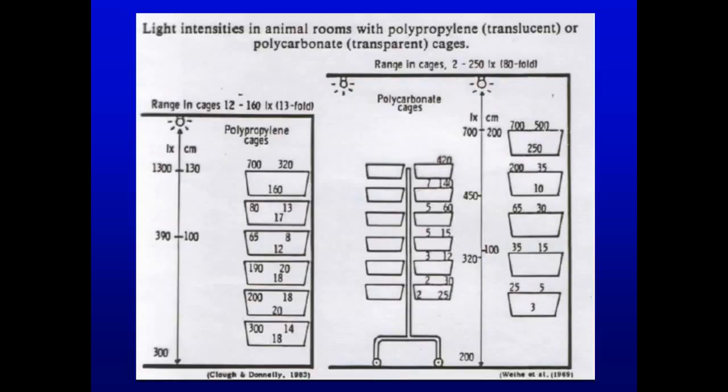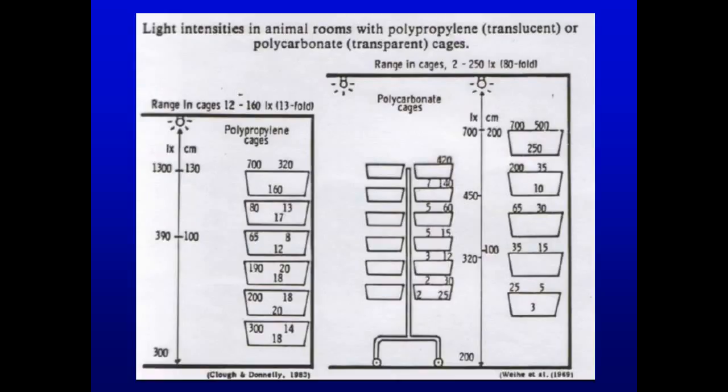And if you have an uncovered top cage, you have a much higher lighting at the base of the cage than you do right at the bottom of the rack, where there is shading from all the other cages and where the amount of illumination has reduced considerably.